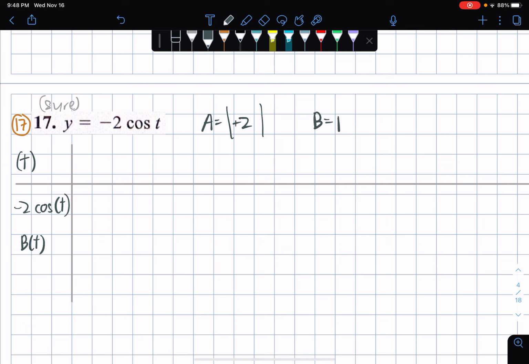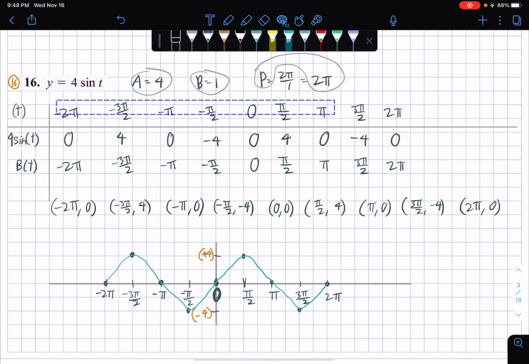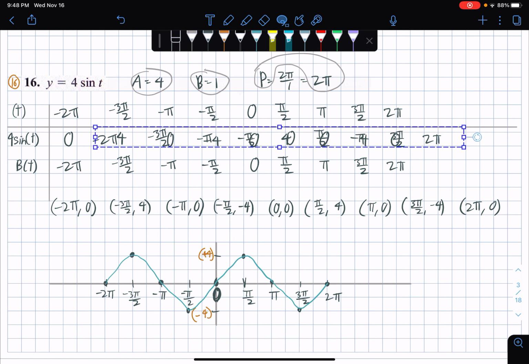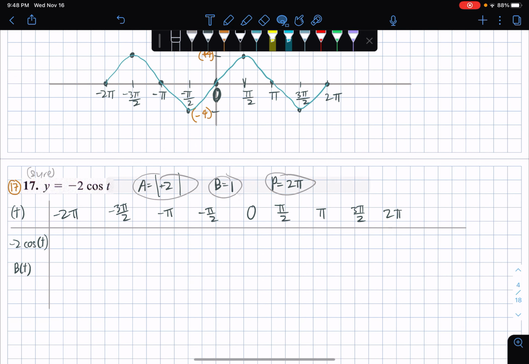B is still 1. Therefore, our period is still 2 pi. Now, the t values will be the same, I suppose. As long as the b is 1, probably the period will still be 2 pi, and the t values will still be the same.